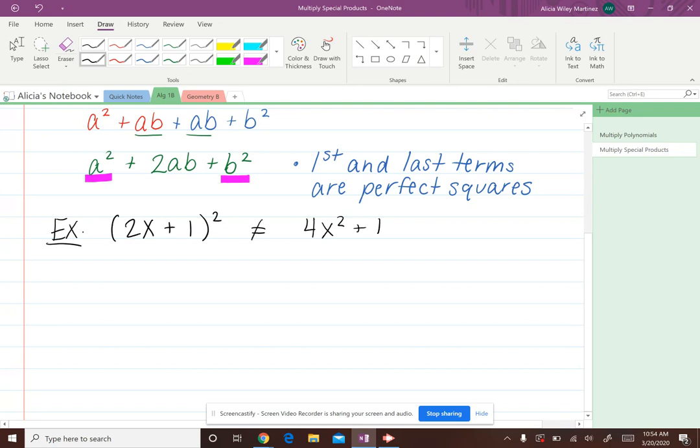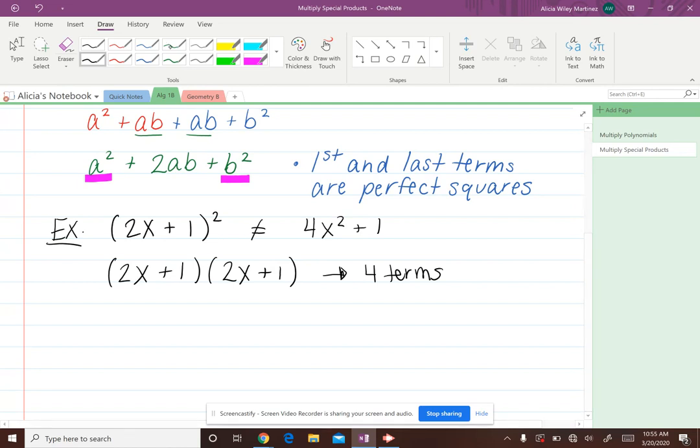And that is not going to be correct, because this is technically a binomial times a binomial, which should always initially, before simplifying, give you 4 terms. If all you do is distribute, you're only getting 2 terms. You've completely missed 2 terms of this product.